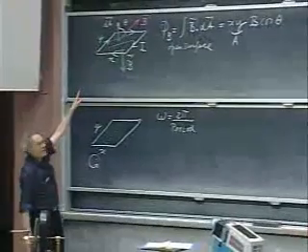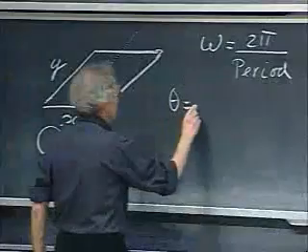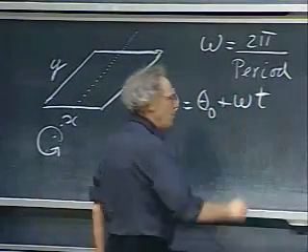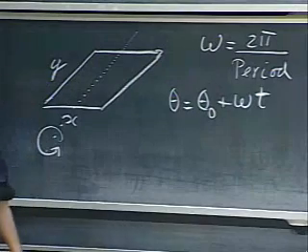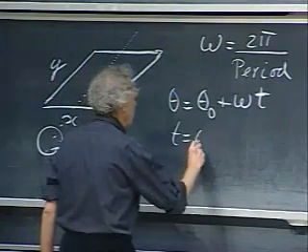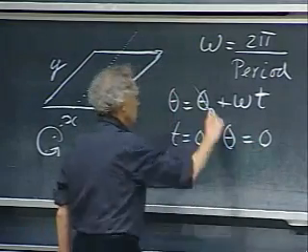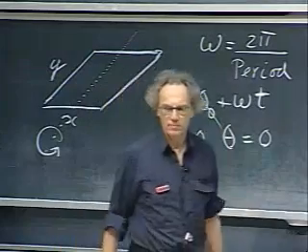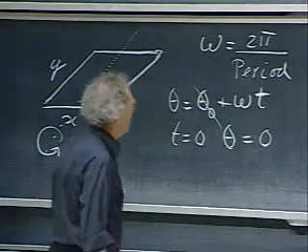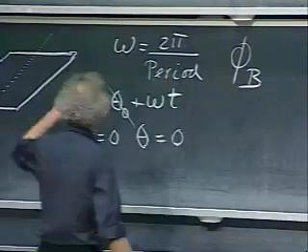So the angle theta that you have there, theta then becomes theta 0 plus omega t, going back to 8.01. And I choose this theta 0 such that at t equals 0, I choose my theta to be 0. And so I have nothing to do with theta 0. So what now is the magnetic flux? This is my loop.